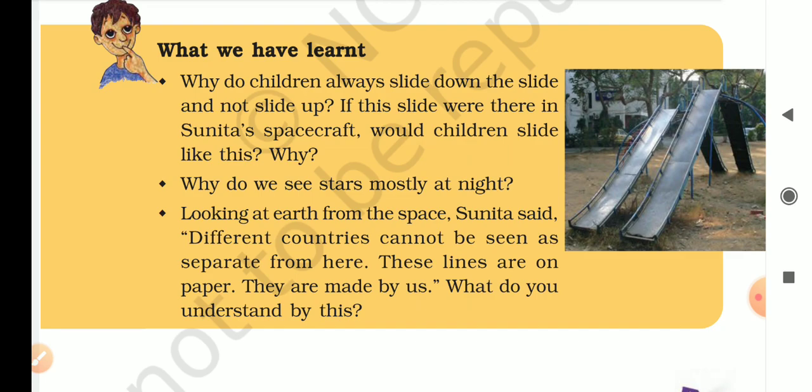Whatever lines are there on the globe are created by human beings for their understanding, but the lines are not there on the actual Earth. That is the main point mentioned here.